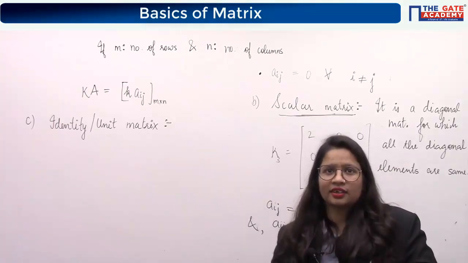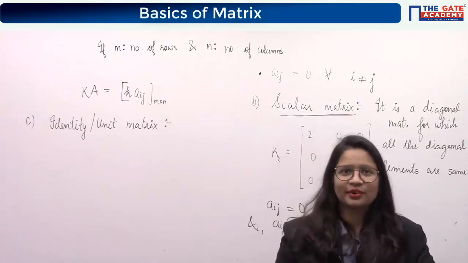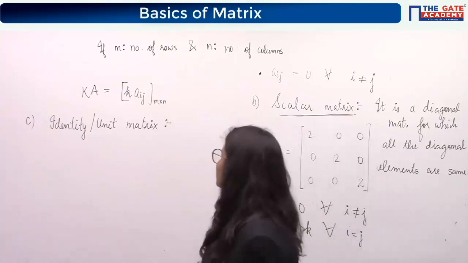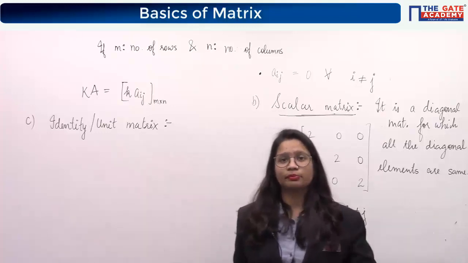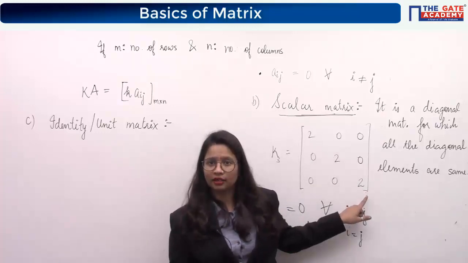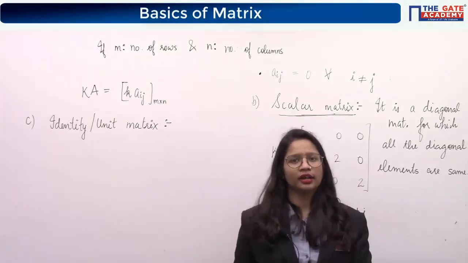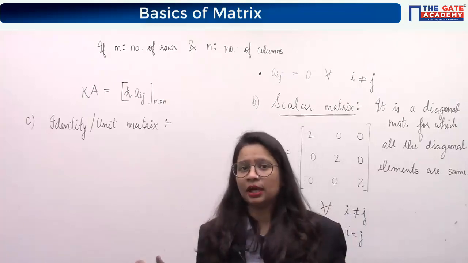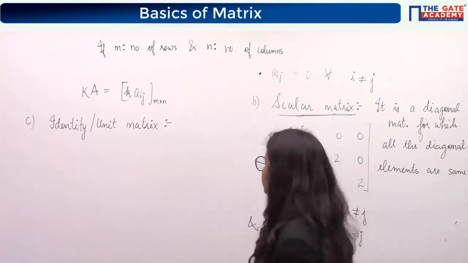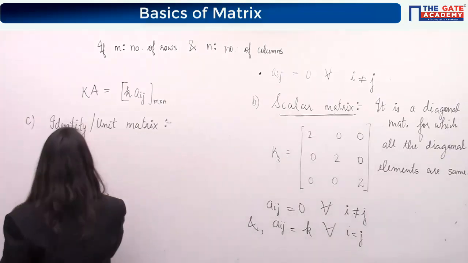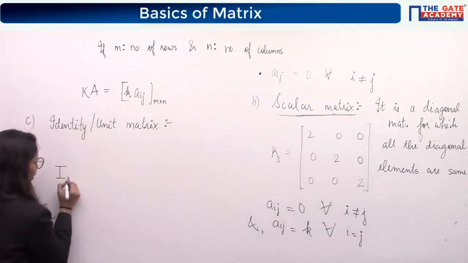So yes, Sarthak, very good. I didn't ask the question, but you replied, very good. So what is the identity matrix? It is a special type of scalar matrix in which all the diagonal elements are the same and equal to 1. It is represented by capital I.